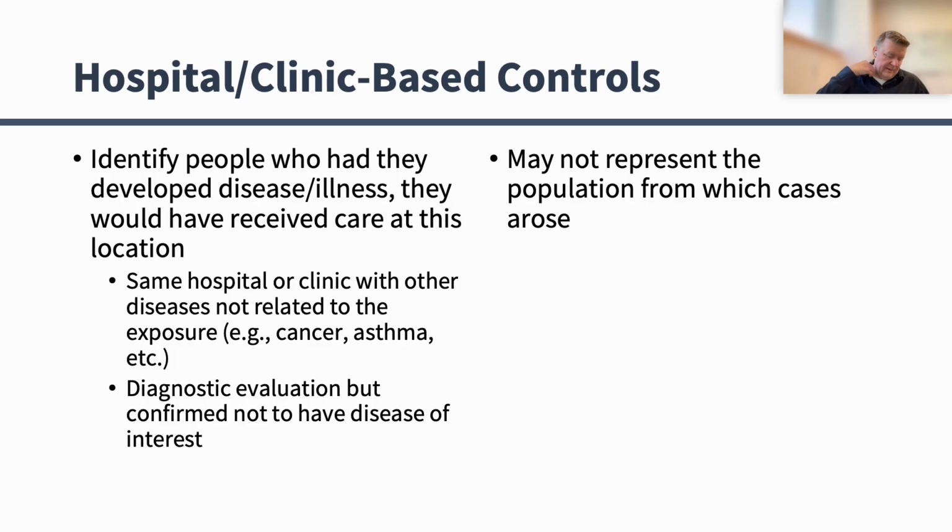Also, people who were evaluated for some injury outcome but then confirmed not to have the disease of interest. For example, if someone looking at concussions is determined not to have a concussion, maybe they're an appropriate control if they meet the other criteria for that study. The problem with hospital-based controls is that they may not represent the population from which cases arose, so you have to be very careful when choosing those controls.